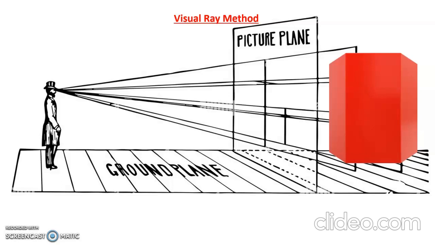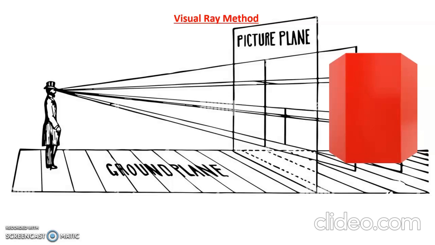There are a few components of the visual ray method. We will see them one by one. But before that, what is the visual ray method? There is an observer standing at the left and an object standing at the right. In between the observer and the object there is a picture plane.